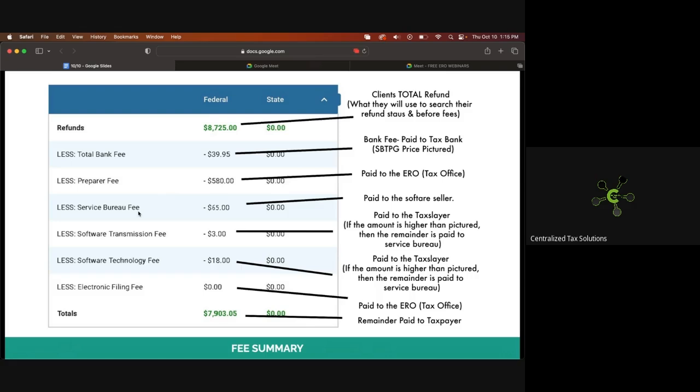So we have these things called service bureau fees. It's basically for our time, or for example, all these trainings, or I have CRM included in mine, just a whole bunch of other things that all account for the time that we spend investing into you guys.